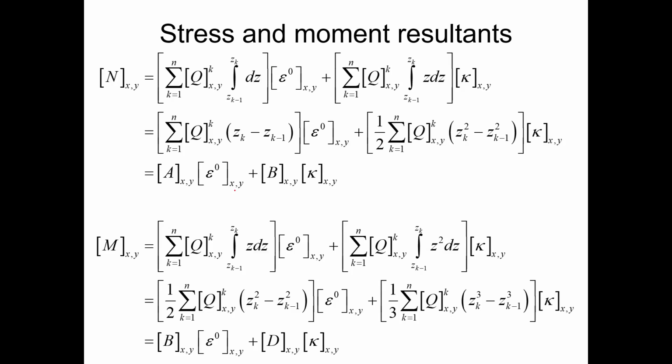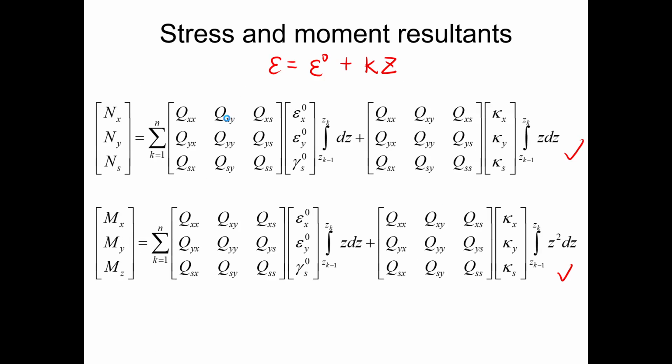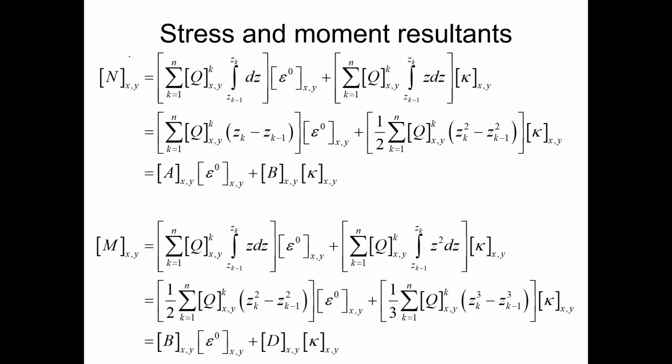You can imagine this is just one layer. And what about the total force for the laminate? This is the laminate. So now we have the extra term to add all of them together, from layer 1 to layer n.